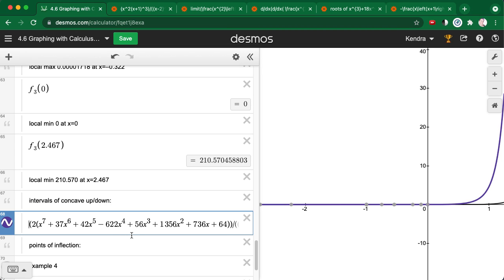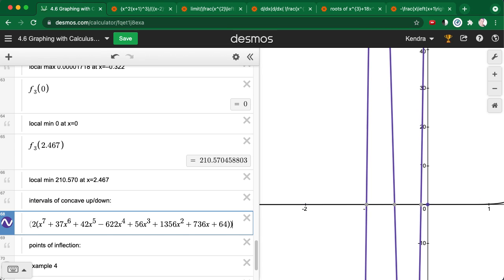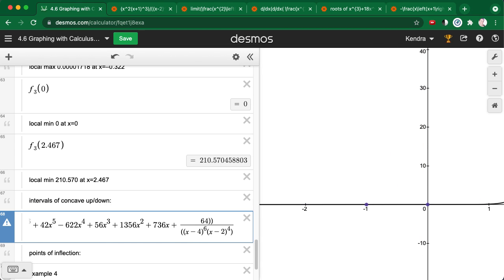Okay, and I'm going to put this as a fraction, there's that division. So I'm going to make this in fraction form. Divided by, oops.